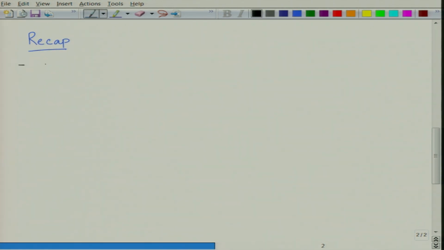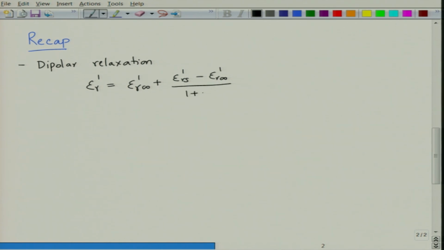So, in the last lecture we discussed the details of dipolar polarization, we looked at the whole analysis which is called dipolar relaxation, and what we saw was that the dielectric constant worked out as epsilon r prime is equal to epsilon r infinity prime plus (epsilon rs prime minus epsilon r infinity prime) divided by (1 plus omega square tau square), and epsilon r double prime was equal to omega tau divided by (1 plus omega square tau square) into (epsilon rs prime minus epsilon r infinity prime).